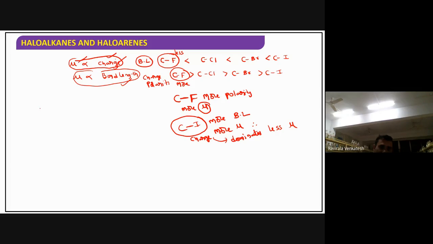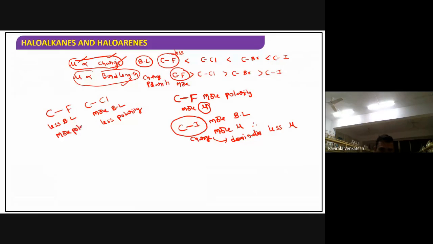Now, what about between C-F and C-Cl? Now here, it is having more bond length, right? It is having more bond length and less polarity or charge. Now here it is having less bond length and more polarity.